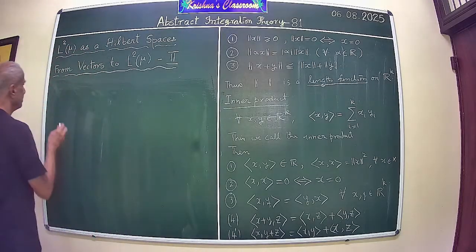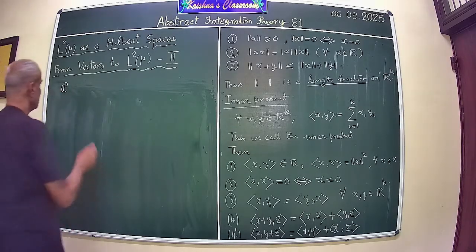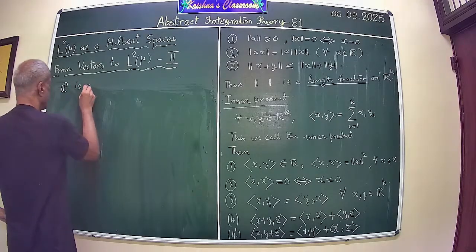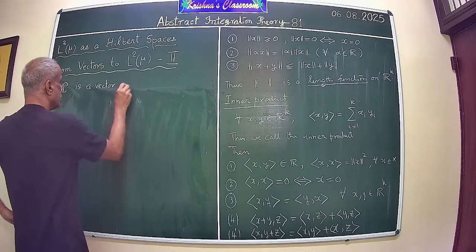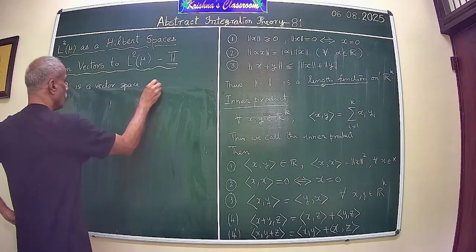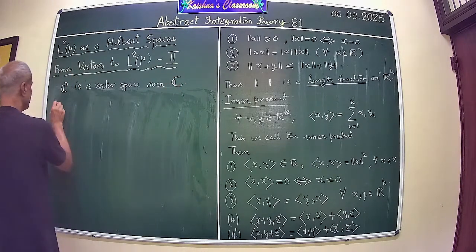Observe that C is a vector space over C, which is one dimension.